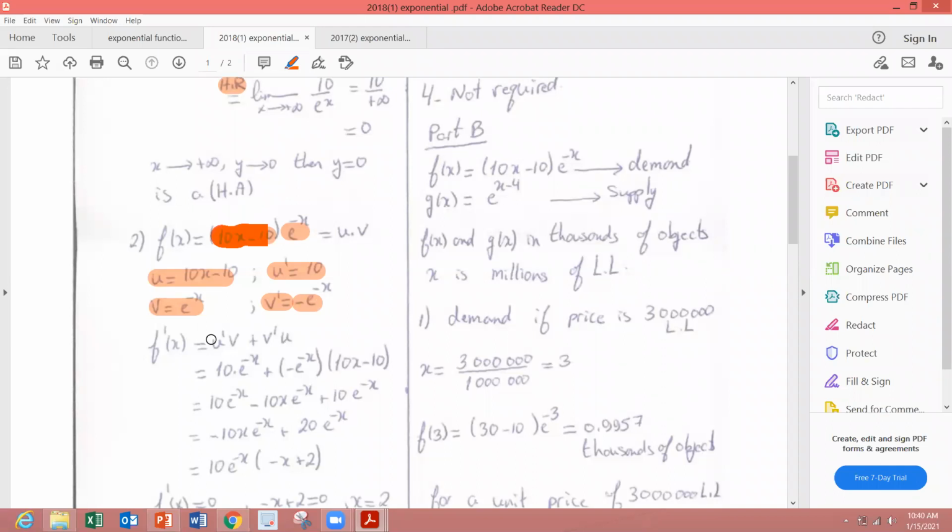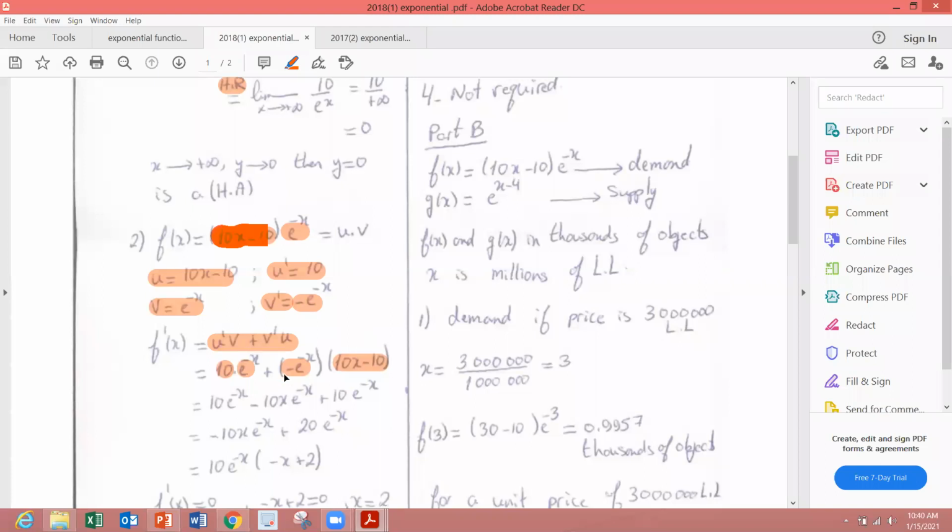Then we apply the rule u prime v plus v prime u. Derivative of the product is u prime v plus v prime u. U prime is 10, v is e to the minus x, plus v prime, minus e to the minus x, times u, 10x minus 10.